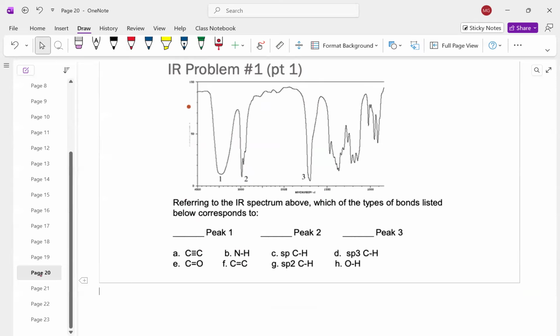Okay, so let's just start with number one. I always like to start at the hydrogen region. I have a very large, broad signal here. That can really only mean one type of hydrogen group, and that's an OH bond. Then I got this signal here right below 3000. Again, that typically only means one type of group, and that's an sp3 carbon hydrogen signal.